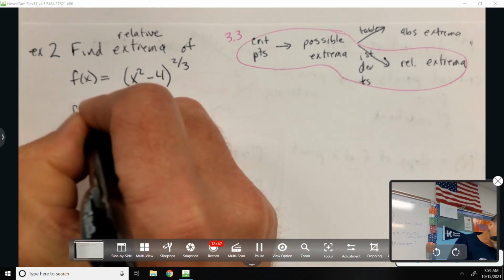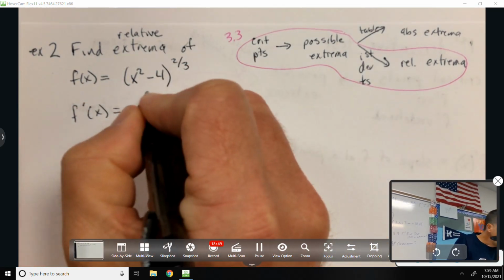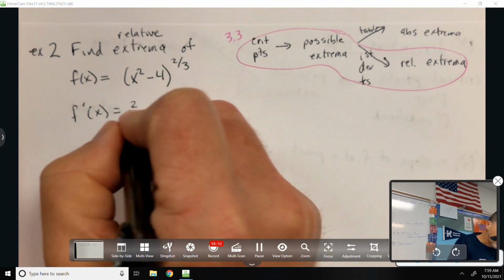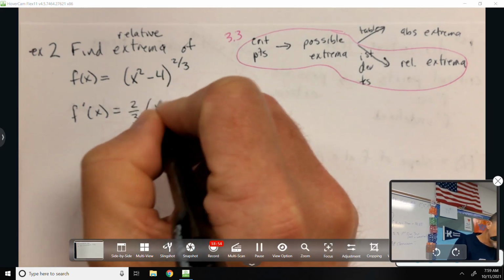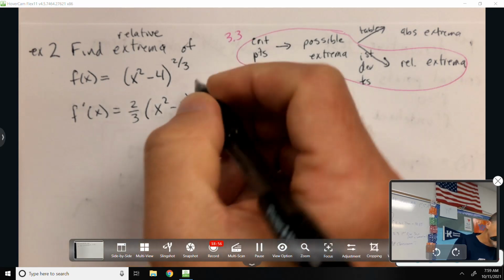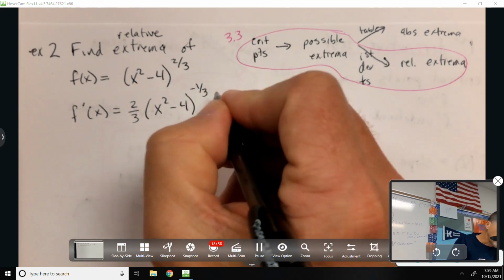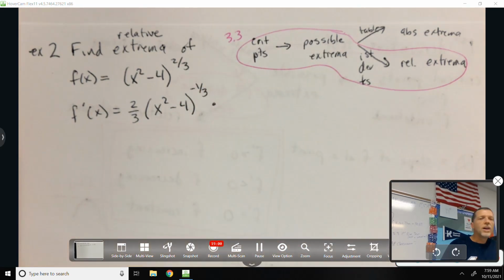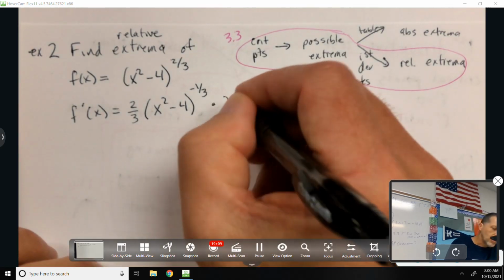So f prime of x equals, oh, this one's kind of yuck, 2/3 times (x squared minus 4) to the negative 1/3 times, what else do I need to include in this derivative? 2x. Good. Chain rule.